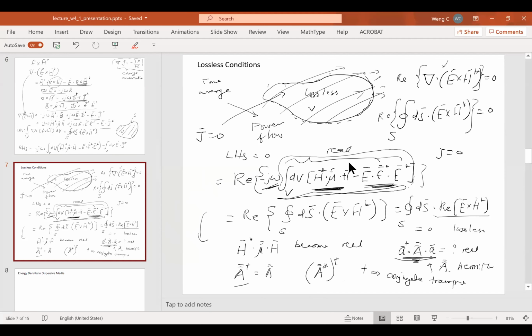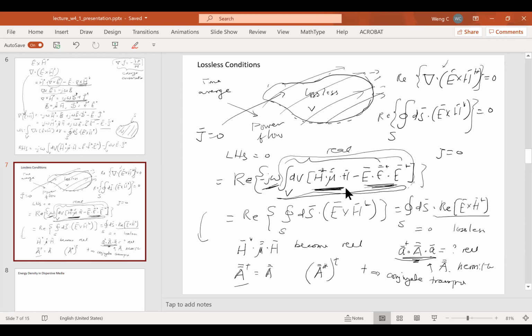For that to integrate out to zero, this part must be pure imaginary, implying that the part inside here must be pure real, for arbitrary H field. E and H can be arbitrary.